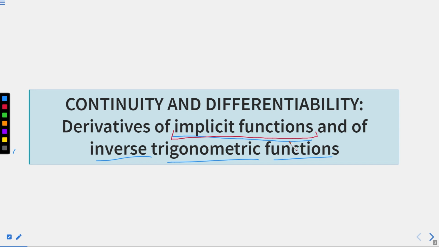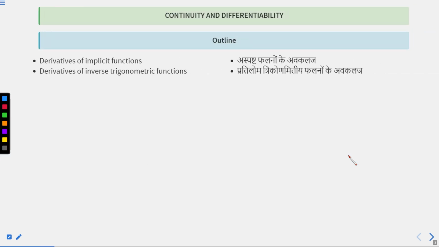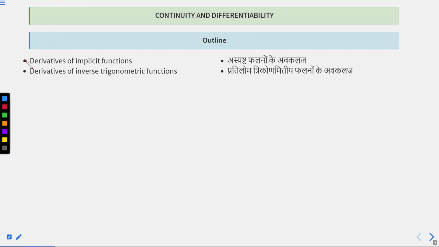So how we are going to find the derivative of such functions, and also how we find derivatives of inverse trigonometric functions. In today's session we mainly focus on these two subtopics of continuity and differentiability, mainly differentiability.